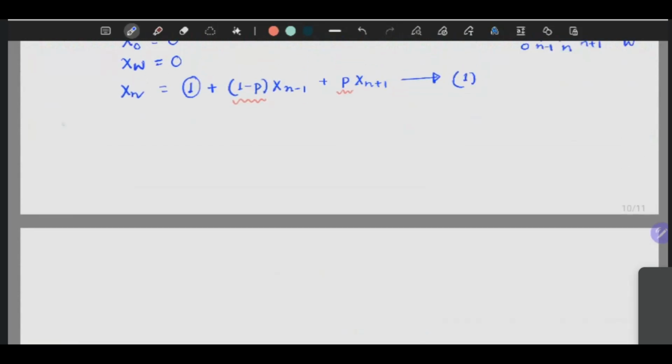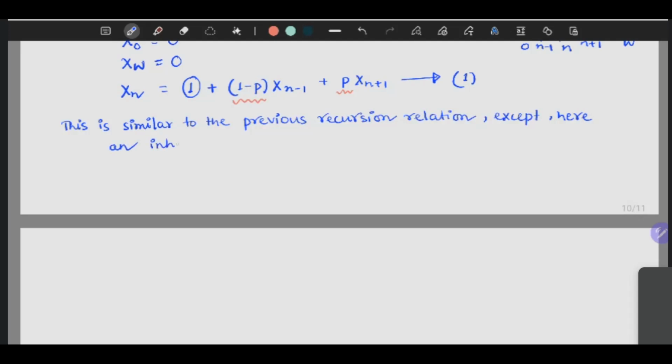So this is similar to the previous recursion relation, except here an inhomogeneous part is present.